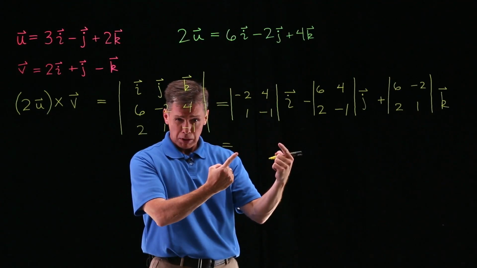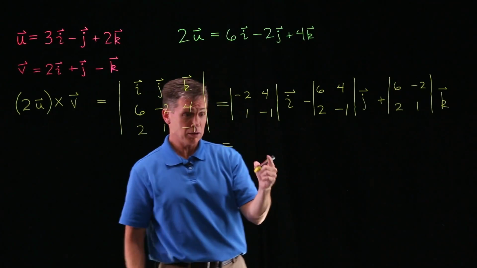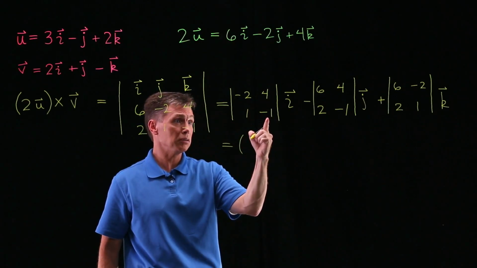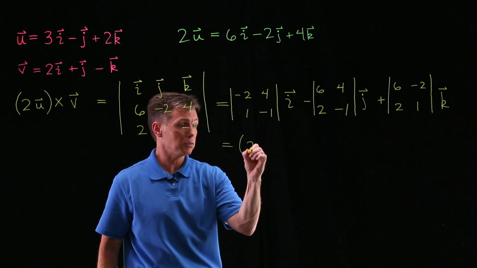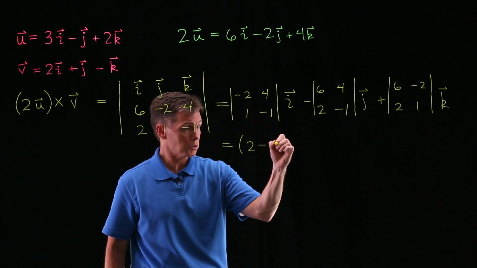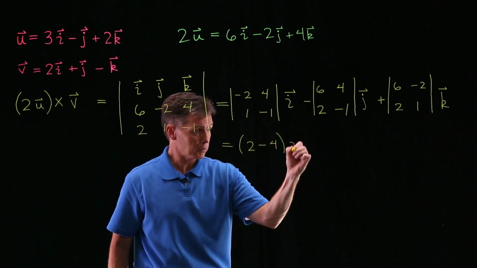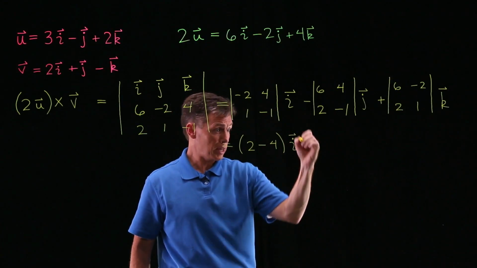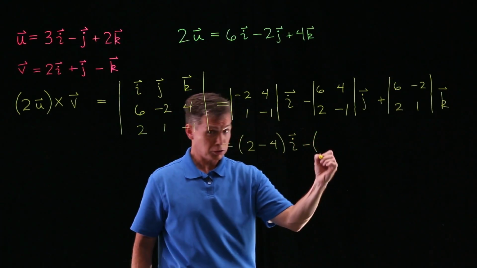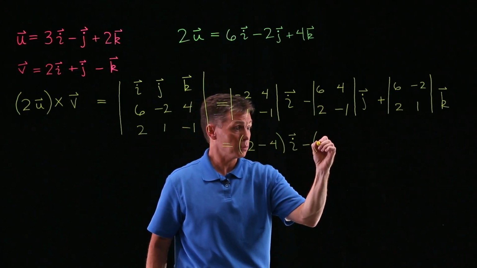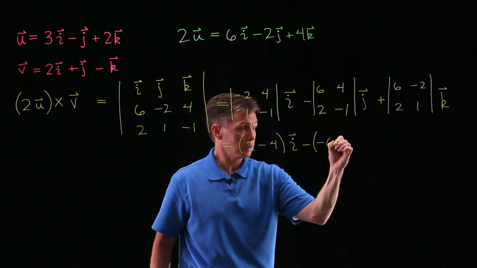In each of those little submatrices, you do your crisscross patterns. So let's see what we're going to have here. Negative 2 times negative 1 would be positive 2. Subtract 4 times 1, which is 4. And that's going to multiply by the i vector. I still have this subtraction. And then my crisscross pattern this time is going to be 6 times the negative 1 is minus 6.